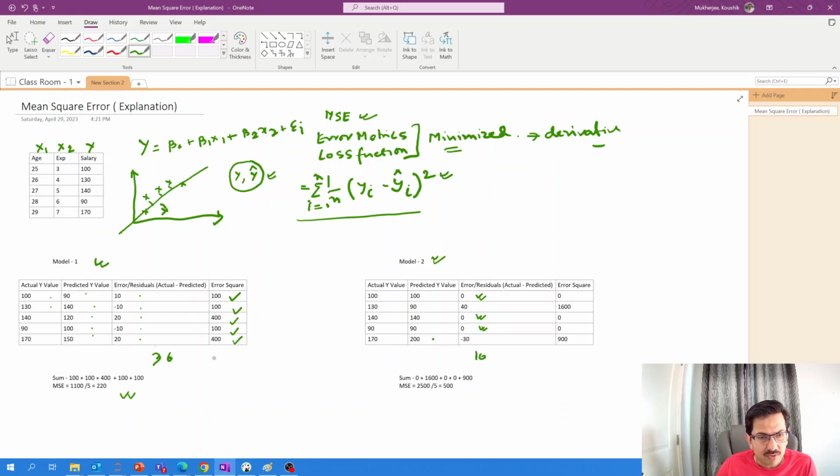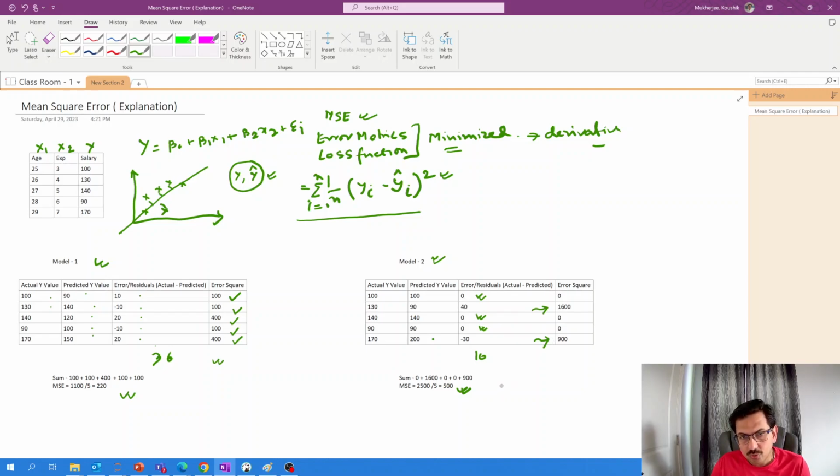So you might think model one is the better one, but it is not, because we don't want the error to be too big for a few observations. So we square it, and because of that, when we calculate the mean square error, it comes to 500. If some observations are really poor predictions, we capture that.